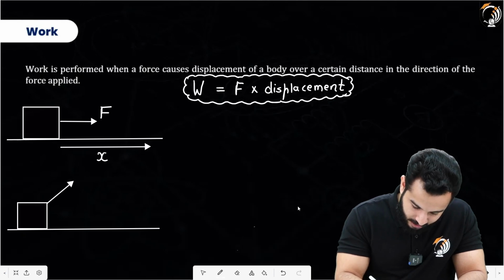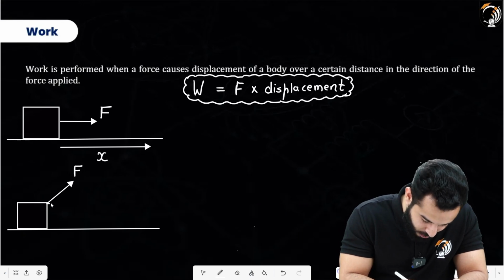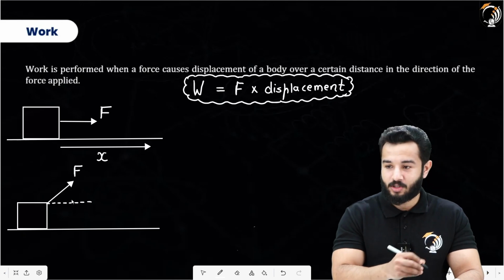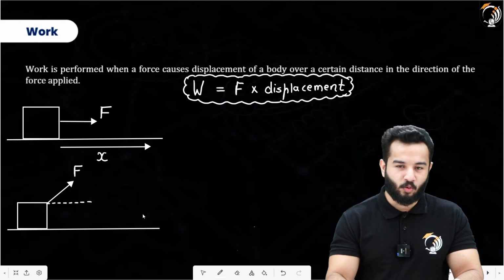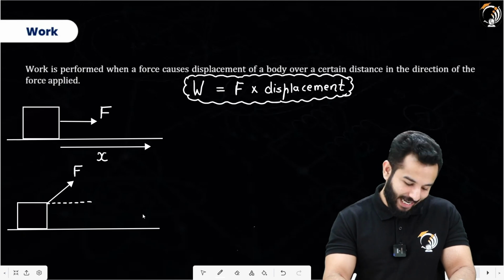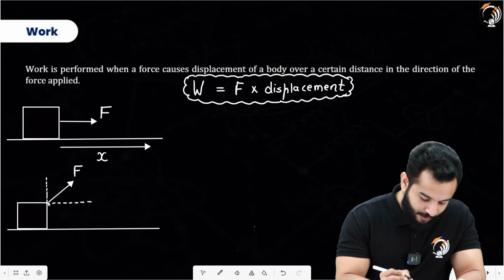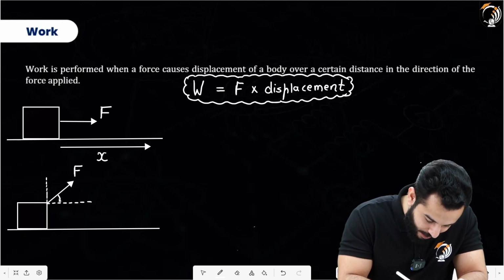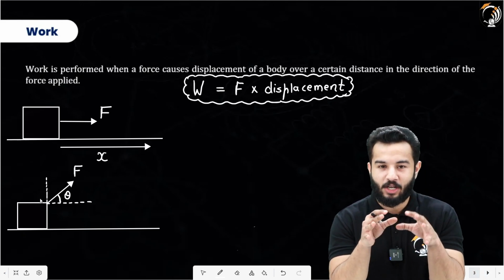This is the direction in which the force is acting, and I'm going to draw a dotted line. This basically shows a line parallel to the horizontal plane, right? And let's also draw a vertical line like this. Let's suppose the angle made by this force is theta with respect to the horizontal line.